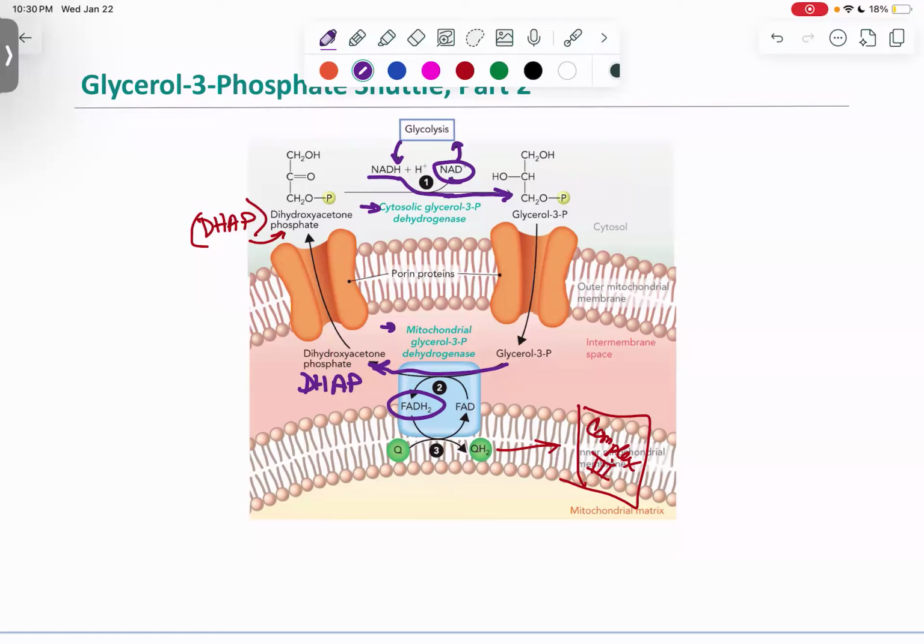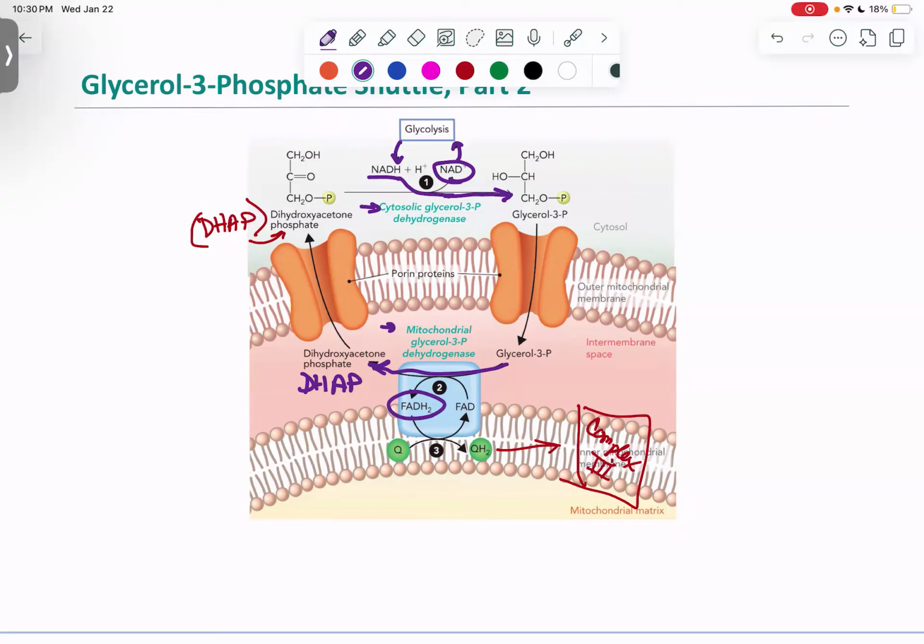Well, where did we learn that FADH2 drops off its electrons? We know that happens in complex 2 because that complex 2 is a part of the citrate cycle. But what if we didn't use the enzyme from the citrate cycle? What if we used mitochondrial glycerol 3-phosphate dehydrogenase? Then it's going to drop it straight off to Q.